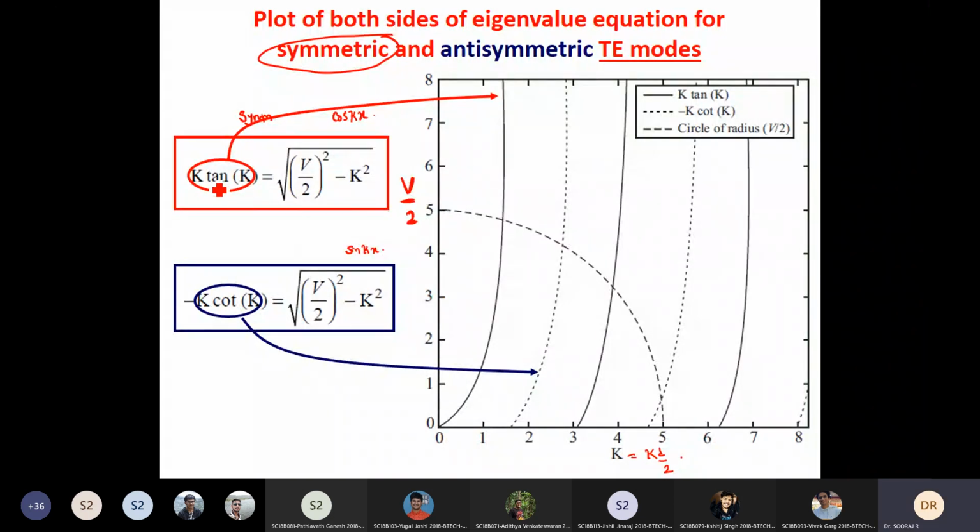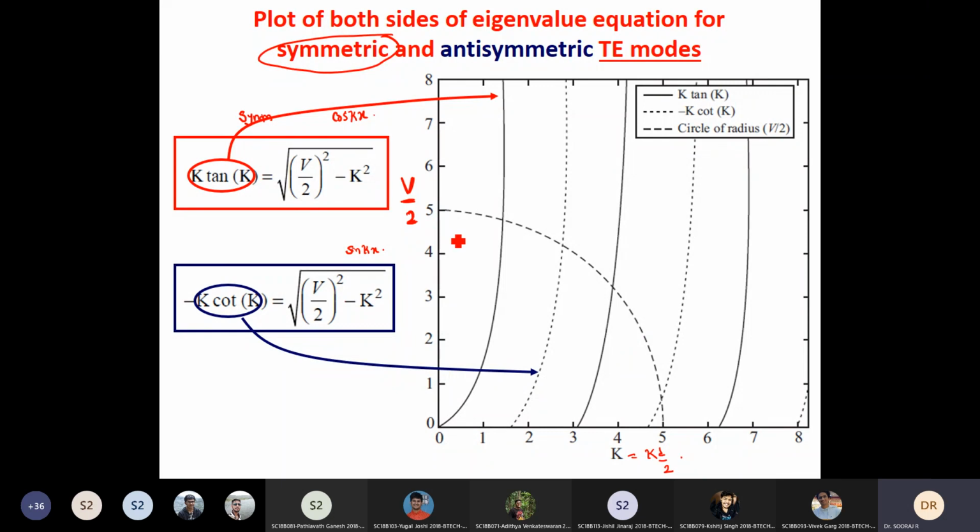Let us look at the left hand side, K tan K. The plot of tan K is something like this. The solid line corresponds to the tan K curve, and the dotted line corresponds to the cot K curve. The right hand side, root of (V by 2) the whole square minus K square, represents a circle, and it is plotted here.